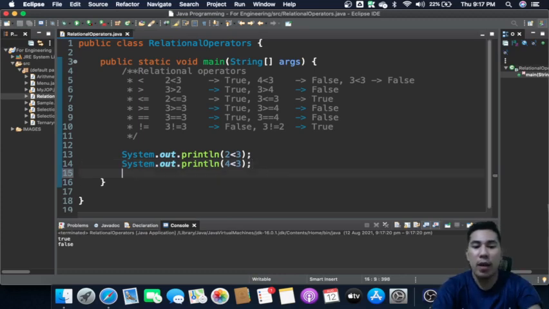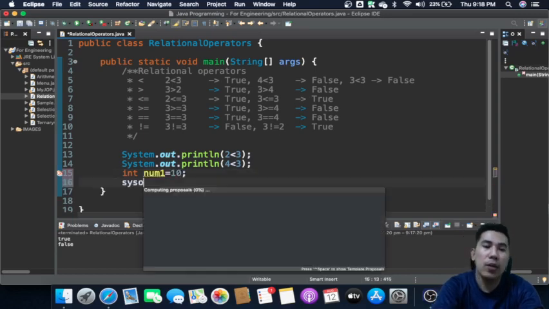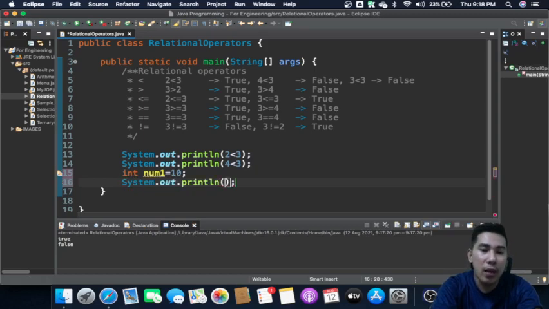For an instance, let's say you ask the user for num1, and assume num1 entered by the user is 10, and then you want to evaluate whether num1 is less than or equal to 10. Basically, the compiler is going to read this as the value of num1, which is 10, being compared to less than or equal to 10.